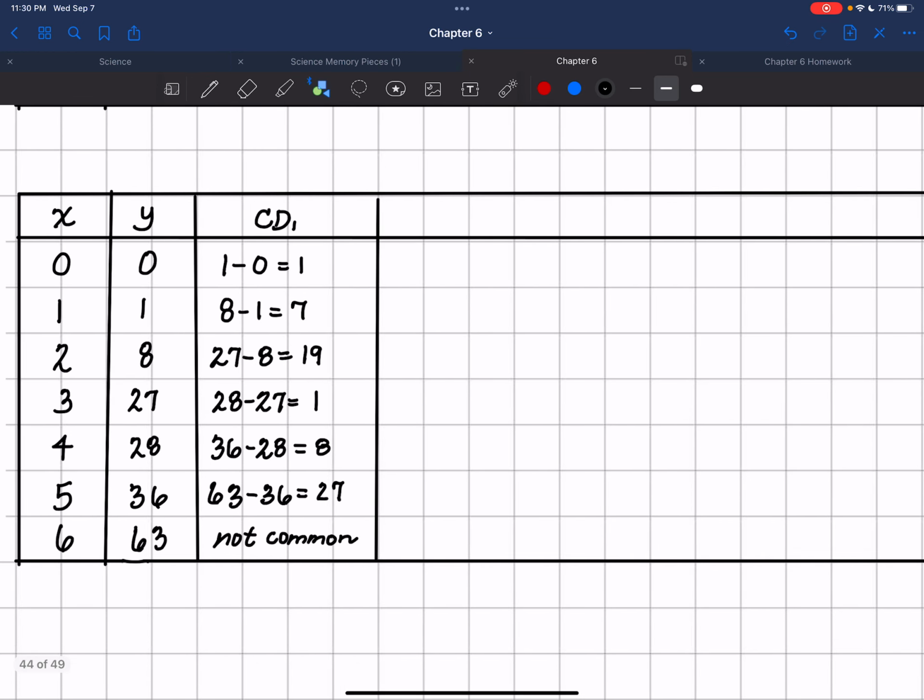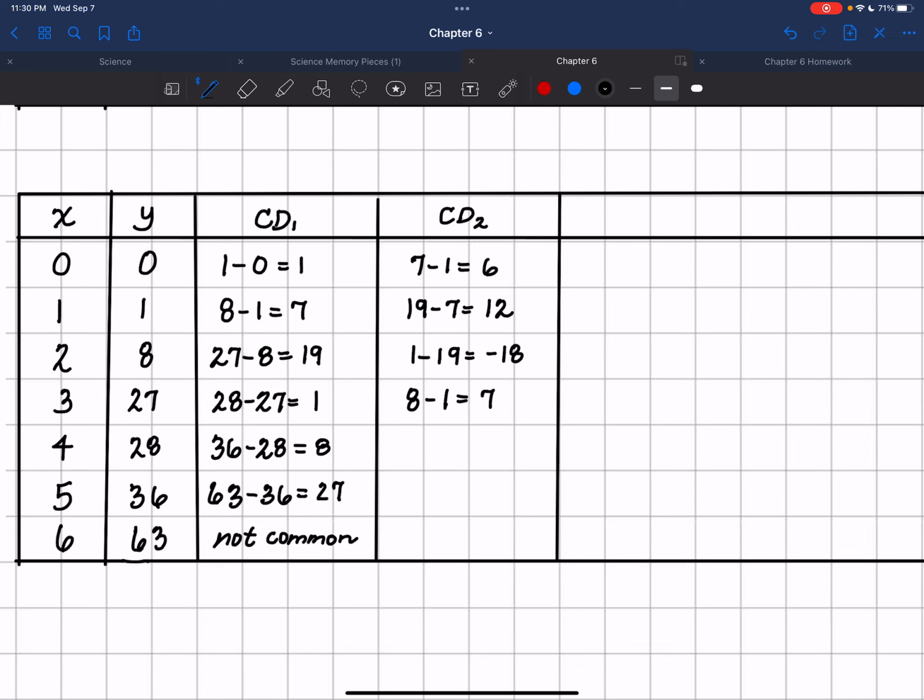So let's try the second degree and see what we get. So this will be consecutive differences at the second degree. 7 minus 1 is 6. 19 minus 7 is 12. 1 minus 19 is negative 18. 8 minus 1 is 7.